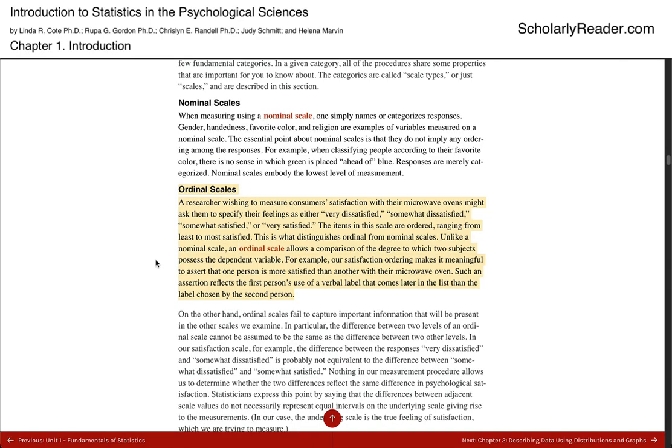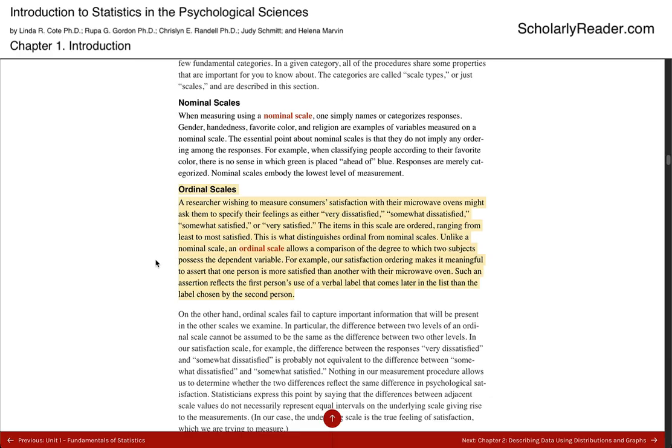Ordinal scales. A researcher wishing to measure consumer satisfaction with their microwave ovens might ask them to specify their feelings as either very dissatisfied, somewhat dissatisfied, somewhat satisfied, or very satisfied. The items in this scale are ordered, ranging from least to most satisfied. This is what distinguishes ordinal from nominal scales.